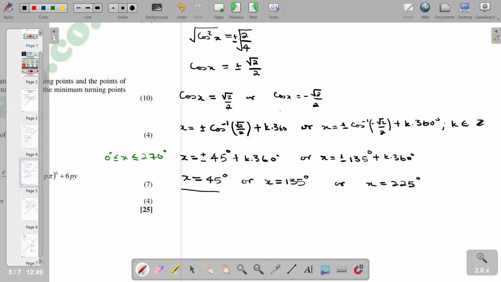These are the three solutions to the equation.